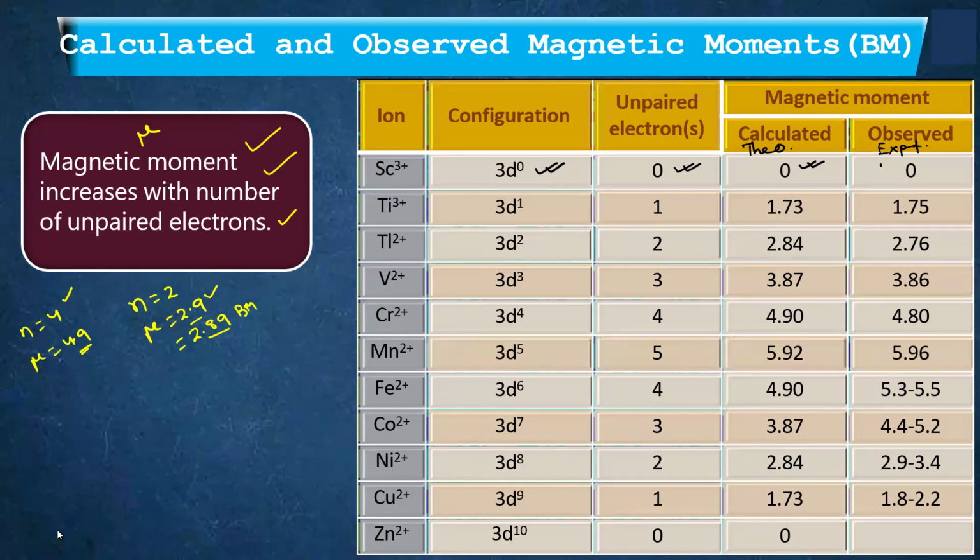If you have one unpaired electron, like in titanium 3+, its magnetic moment should be √3, that is 1.732. The value comes nearly 1.75 experimentally. You can verify this from any standard book, or take a screenshot here. Zn has 0 unpaired electrons, so magnetic moment is 0.